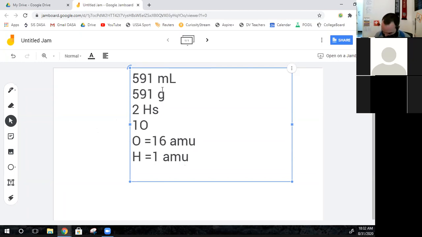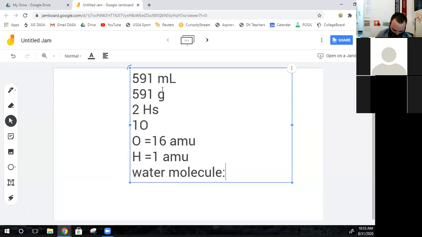Because we have 16 plus 2 ones, that gives us 18. So a water molecule weighs 18 AMUs. Okay?